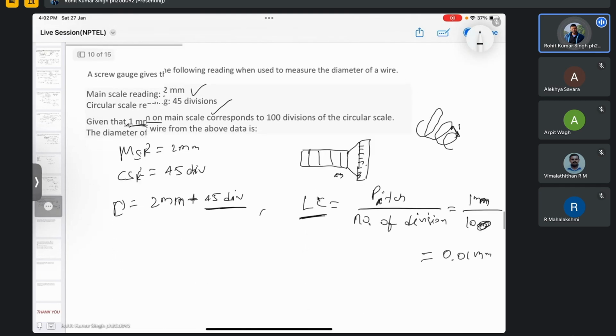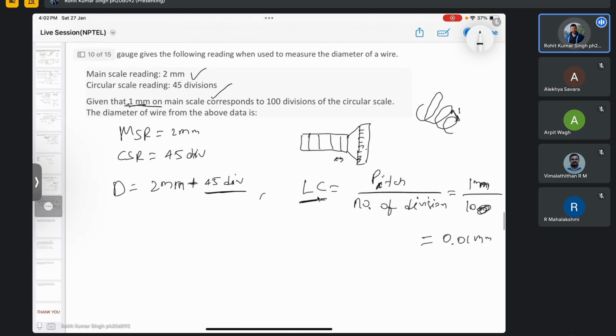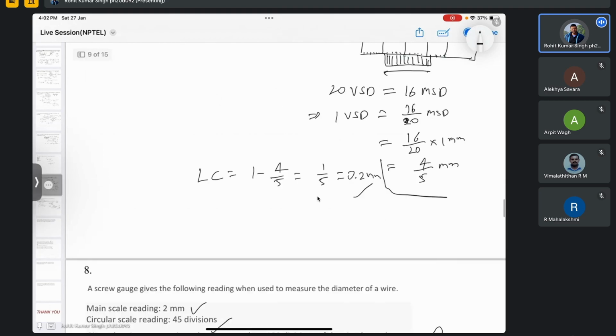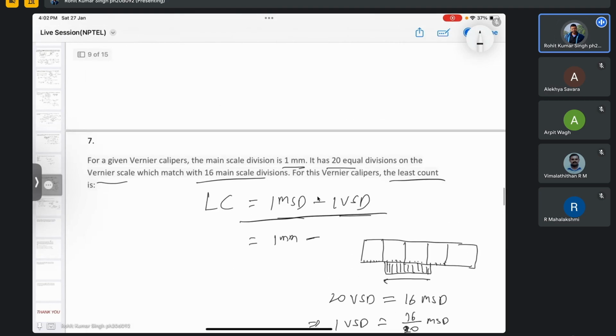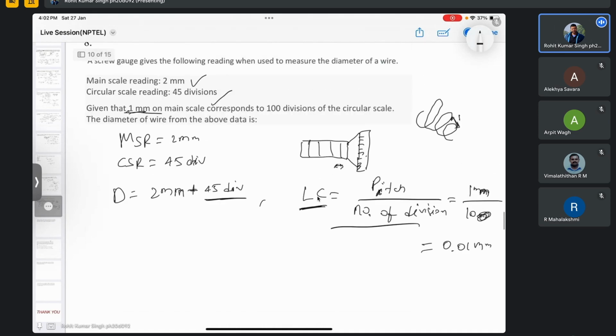The method of calculating it is a little different, but it means the same thing. You can think about it later and try to correlate the least count we calculated here with the earlier one. It is the same thing that we have calculated.